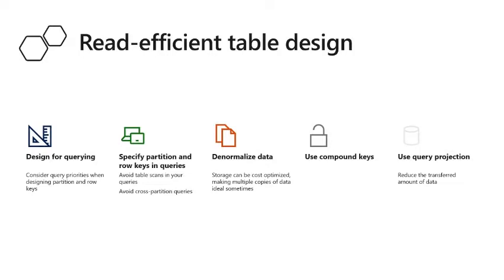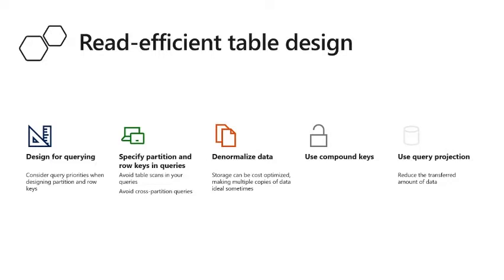Consider storing duplicate copies of entities. Table storage is inexpensive, so consider storing the same entity multiple times with different keys to enable more efficient queries. Then consider denormalizing your data. Table storage is inexpensive, so consider denormalizing your data.